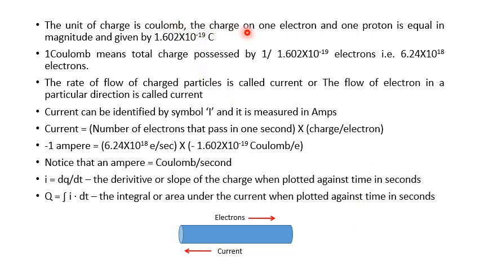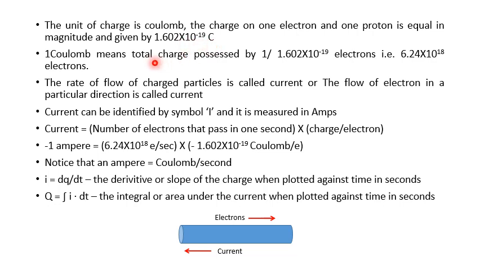The charge on one electron and one proton is equal to 1.602 into 10 raised to minus 19 coulomb. Each electron and each proton carries a charge of 1.602 into 10 raised to minus 19 coulomb.